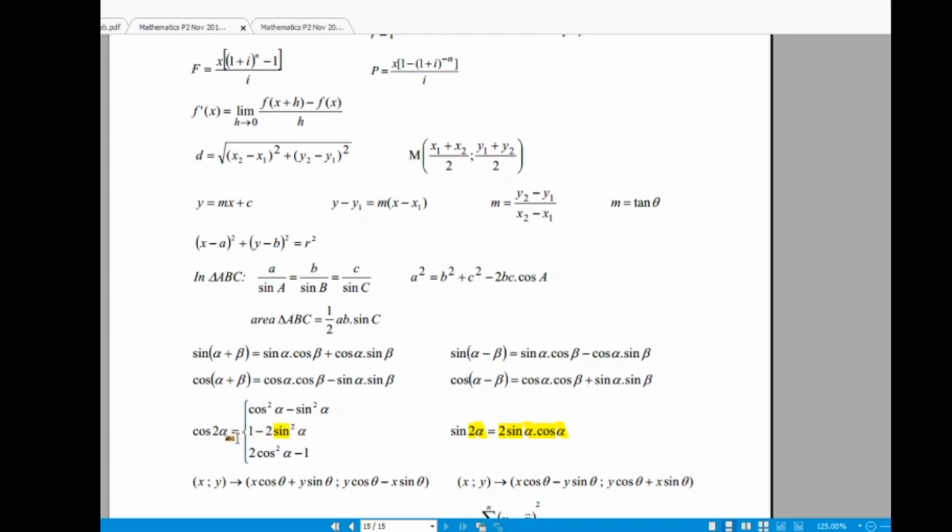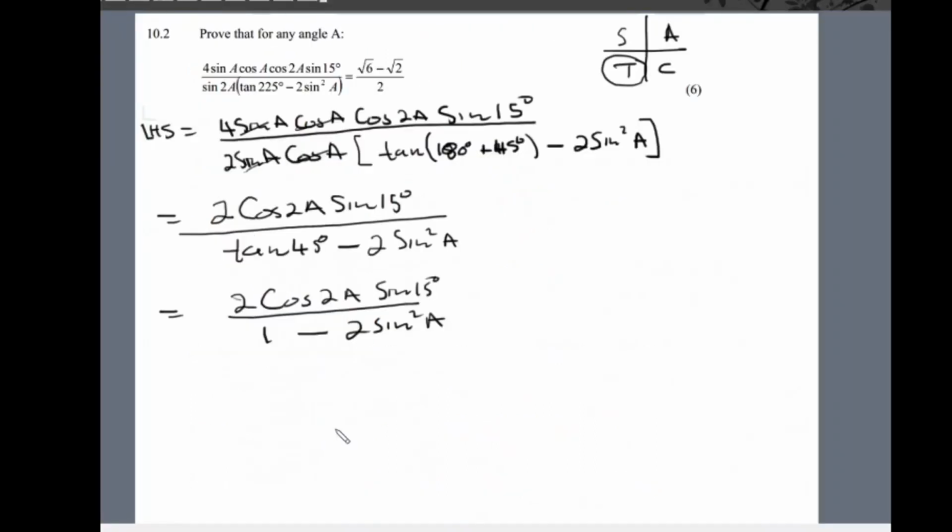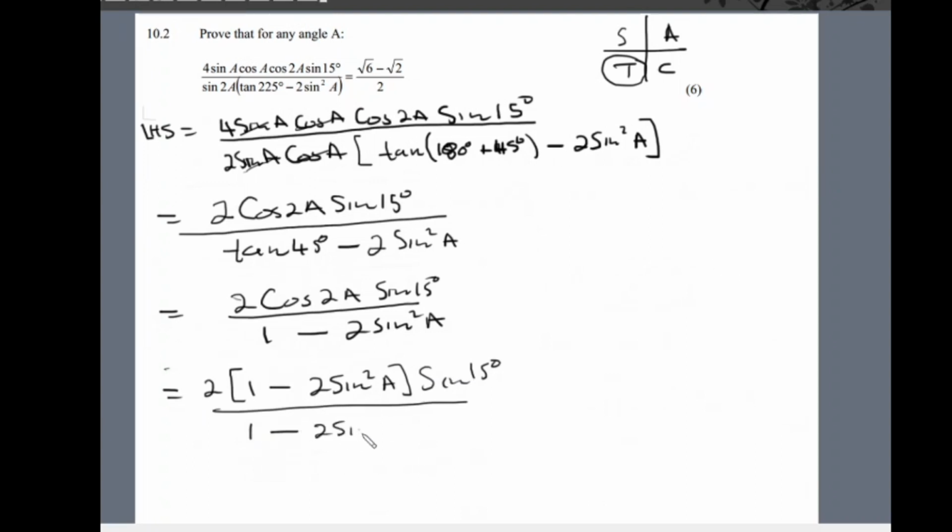So in the numerator we'll have cos 2A equals 1 minus 2 sine squared A times sine 15 degrees, divided by 1 minus 2 sine squared A. Now this and that will cancel, so we will have 2 sine 15 degrees, right?